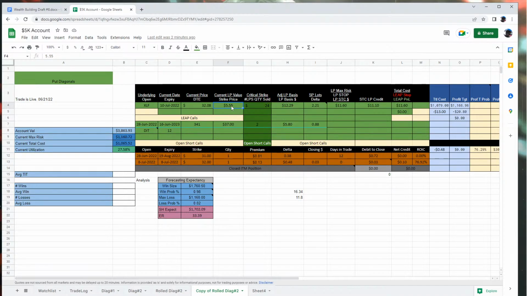The current long put premium, that's hard to say, is 555. So we're going to take that, we have it right here.